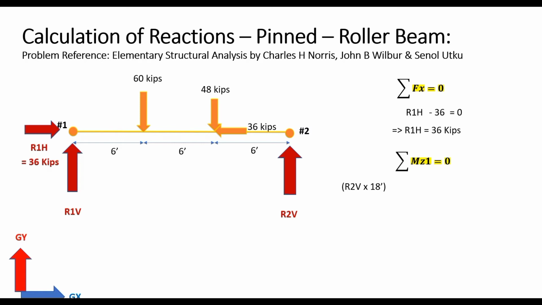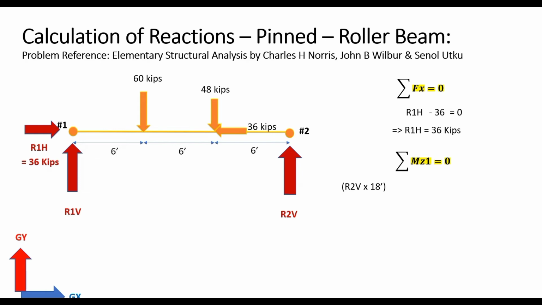So as per the right hand thumb rule, if your thumb points towards the global z-axis, the moment that would be created by R2V about that point would be anti-clockwise, which would be represented by the curl of your fingers if you're using the right hand thumb rule. If you have confusion about the right hand thumb rule, you can refer to the session that is appearing on the top right of the screen right now.